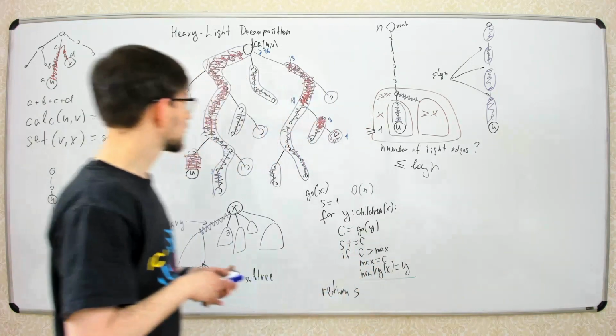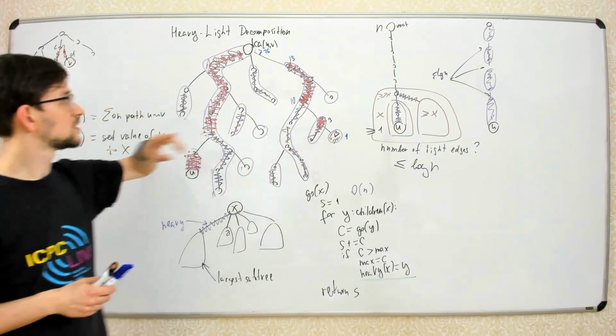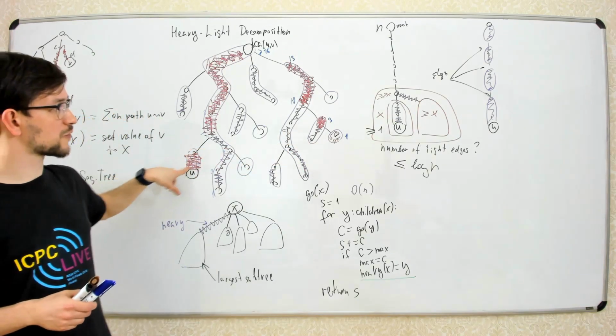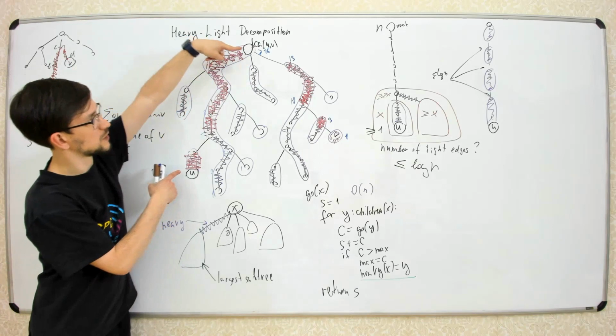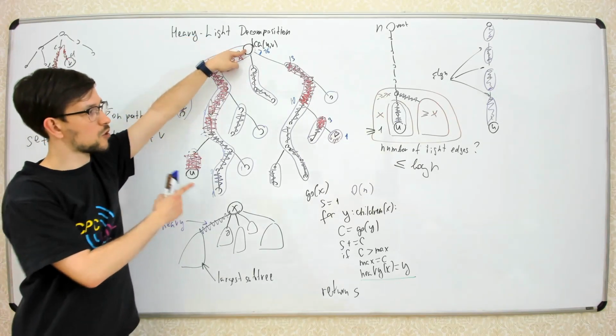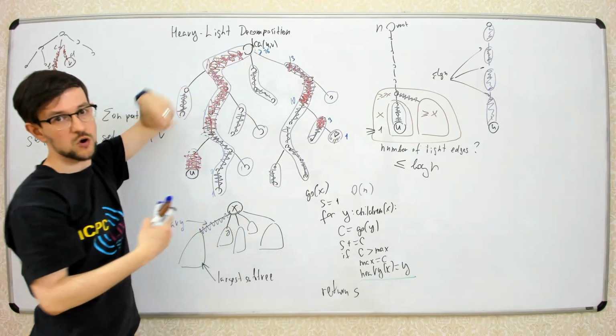Actually, what we need is to calculate the number of paths from U to V, right? If you look at the path from U to V, then you go from U to this LCA. On this segment, you have no more than log n different heavy paths. And also on this part of the path, you have no more than log n different paths.